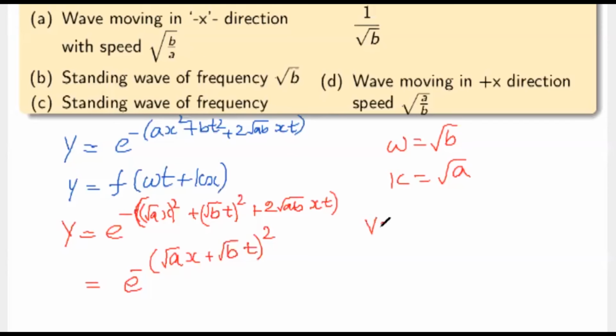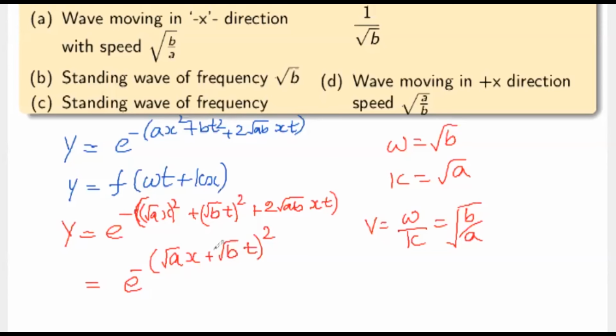Therefore, what is the speed of this wave? The wave speed is omega by k, so it is root of b by a. And in what direction is this wave moving? You need not worry about it, as in the options, the only option is A. So the wave is in the negative direction with the speed of root b by a, because both the coefficients have the same sign.